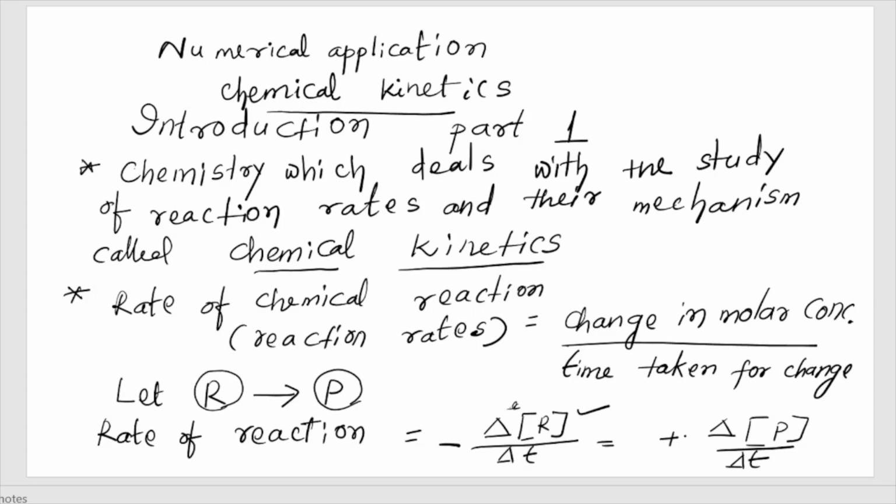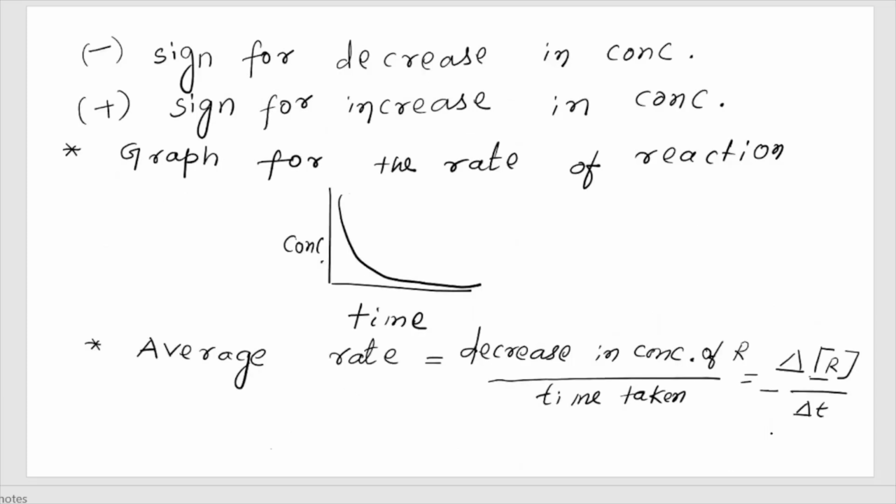If you say plus sign, then P is the product, and the molar concentration of the product increases. Increases means there is a positive sign. And if you see the graph, what does it indicate? The concentration of reactant decreases and the concentration of product increases.